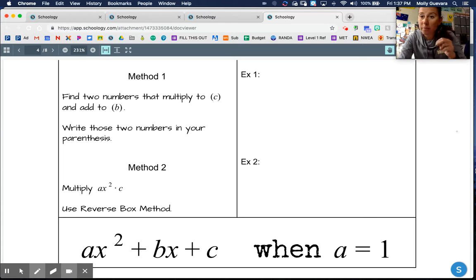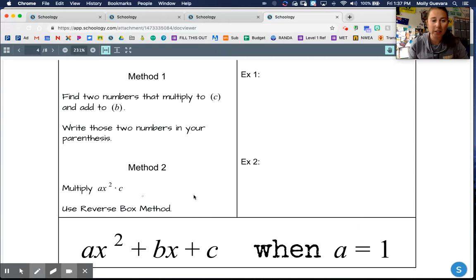There are 2 different methods here. The first method that I'm going to show you is pretty quick. If you pick up on it, it allows you to factor very quickly in your head. However, it only works when a is 1. When we go down on our foldable to do when a is not 1, it will not work, so you will have to learn 2 separate methods.